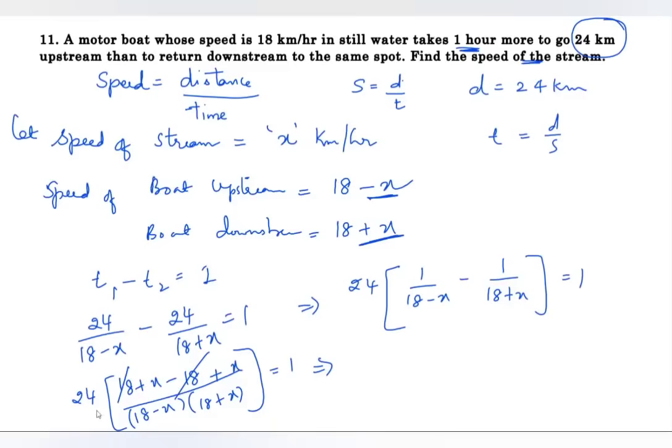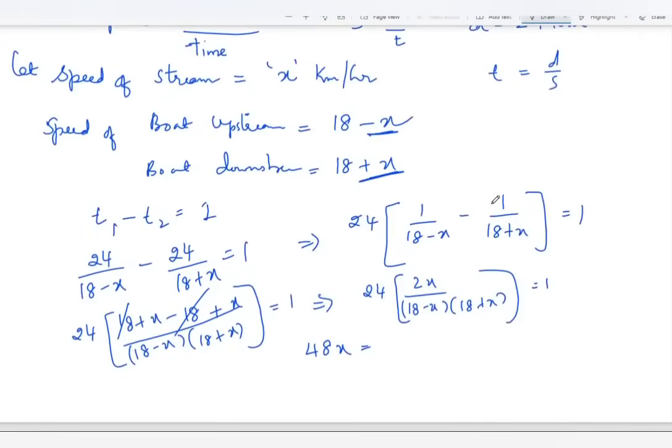Plus 18 minus 18 will cancel out. x plus x is 2x. So 24 into 2x by 18 minus x into 18 plus x equals 1. 24 into 2 is 48x, which is equal to 18 plus x times 18 minus x after cross multiplying.